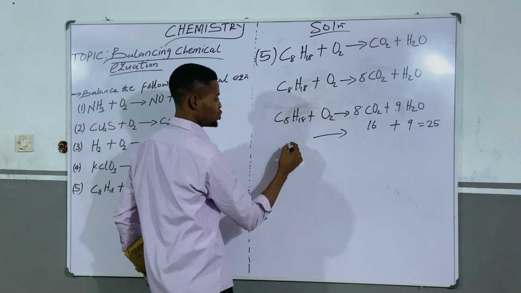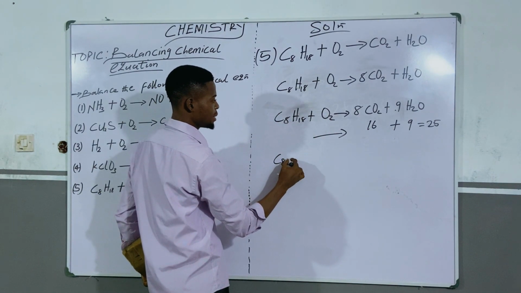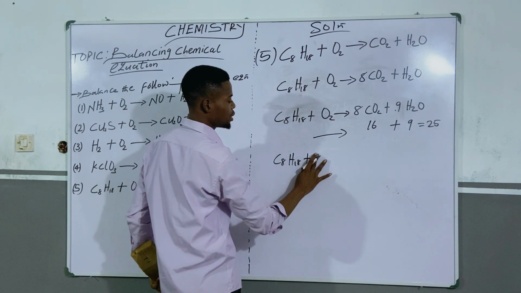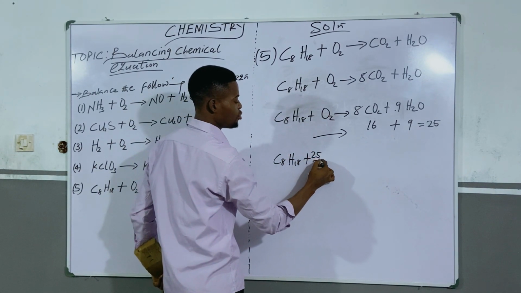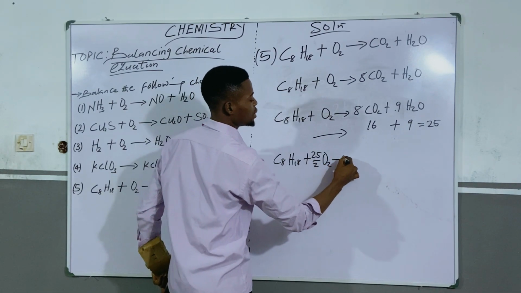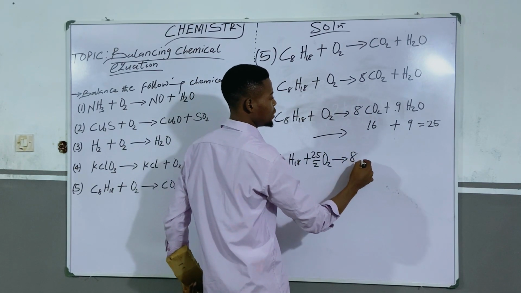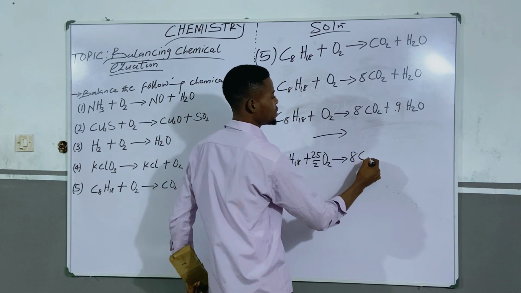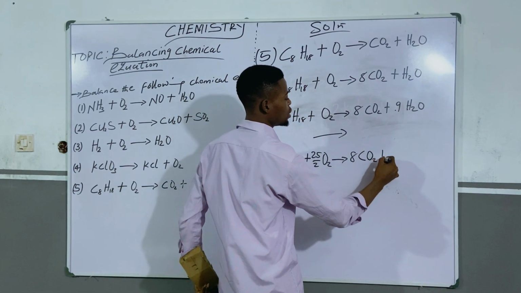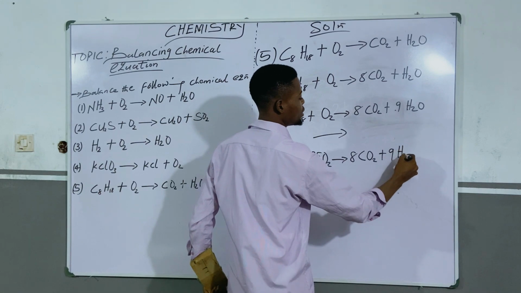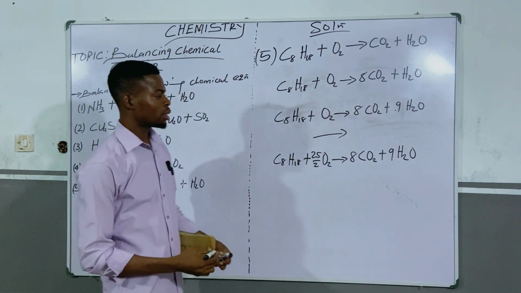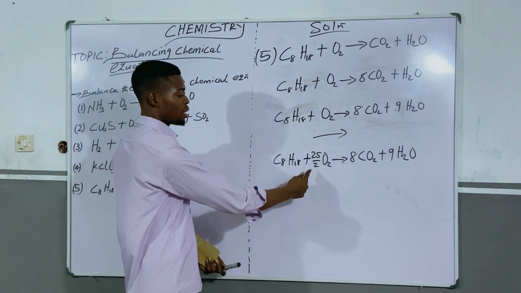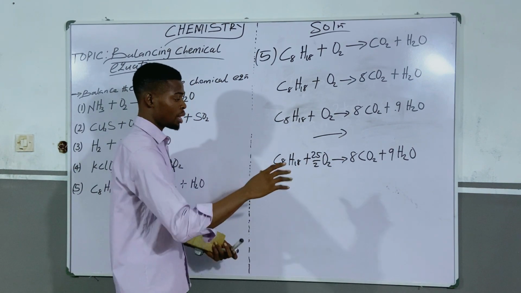So we're going to put C8H18 plus 25 over 2 oxygen to give us 8CO2 plus 9H2O. Okay, now we have a fraction, so we have to multiply through by 2 to clear our fraction.